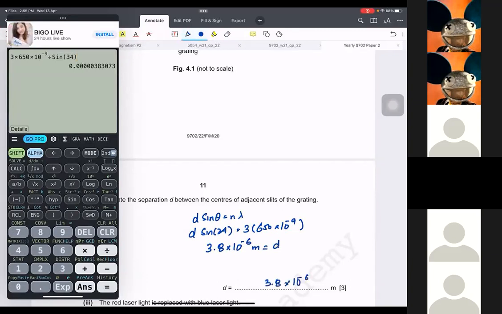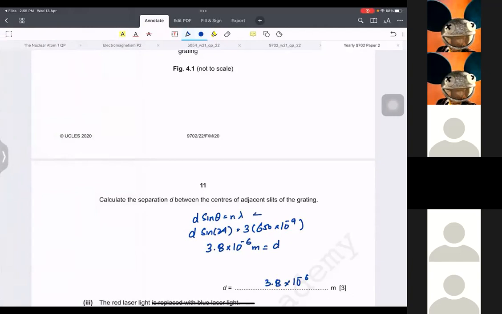So the moment you see a diffraction grating, use only this formula, and you should know d is also 1 upon the number of lines per meter.